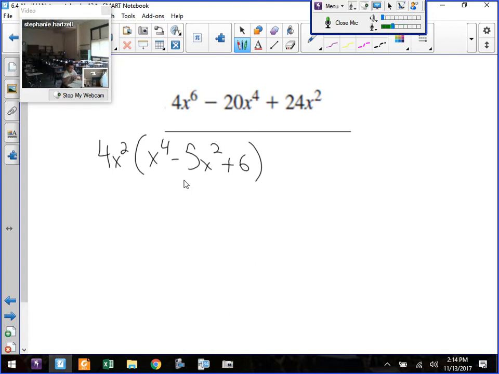Now here's the next new-ish part. Whenever you have a trinomial whose degrees start with an even number and you cut it in half, factor it like you would if it was x squared minus 5x plus 6. You factor the exact same. What times what is positive 6 that you add together to get negative 5?